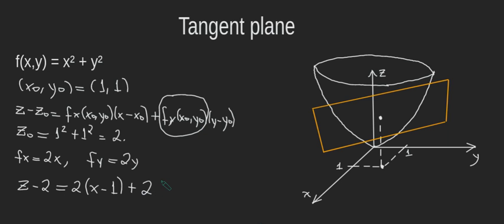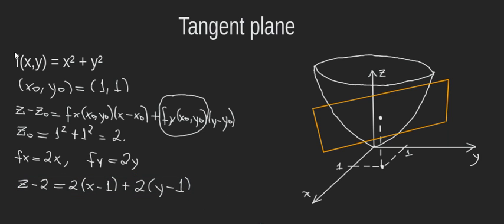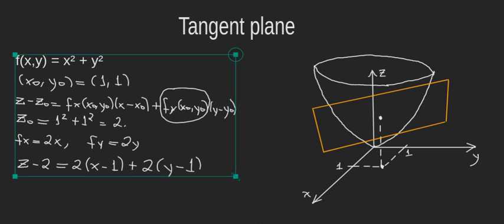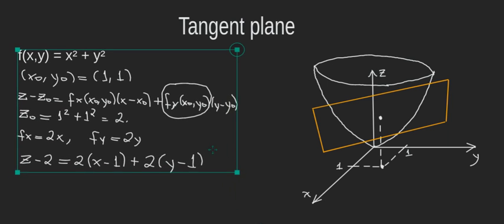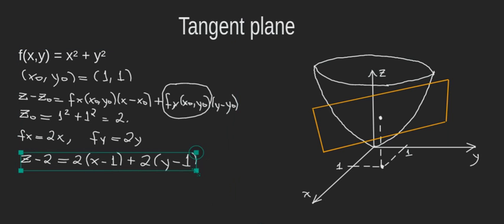So 2 times y minus y0, which is 1. So here it is. Let's finalize this expression. Let me resize all of this. Can you see the answer?